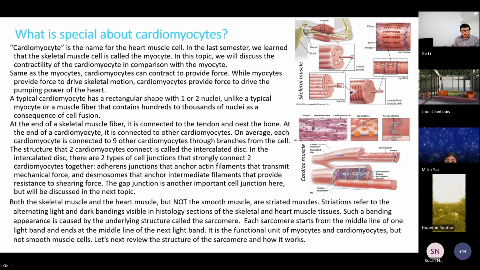But literally, there is no such disease where the muscle-to-muscle junction is not strong enough, so that when the heart beats, it suddenly disassembles by itself. That's because of the very strong connection between two cardiomyocytes at the intercalated disc. This strong connection, the anchor that strongly anchors the two cardiomyocytes together, is the desmosome.